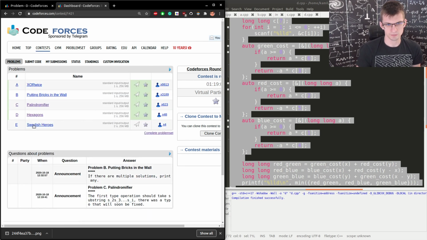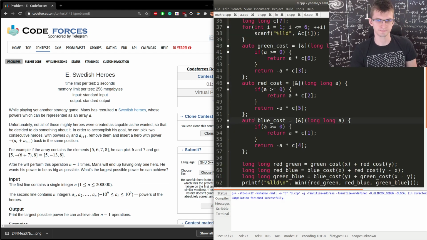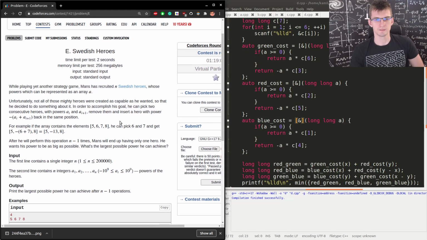Nice. And the last problem, Swedish heroes. 4 accepted submissions so far. Pick 2 consecutive heroes and change them into the sum multiplied by -1.